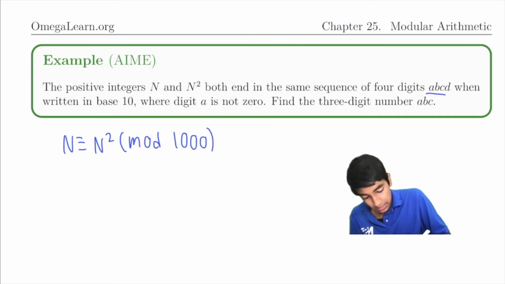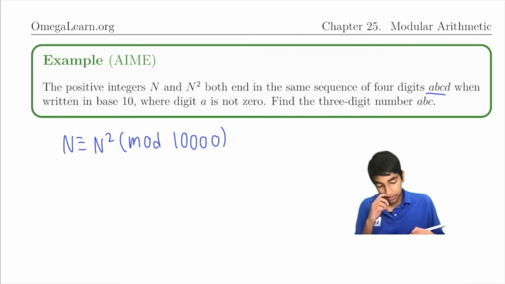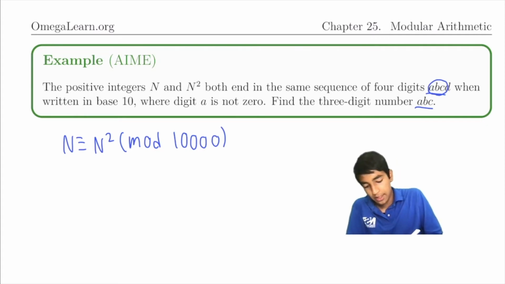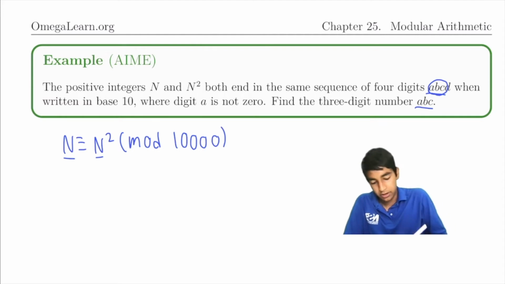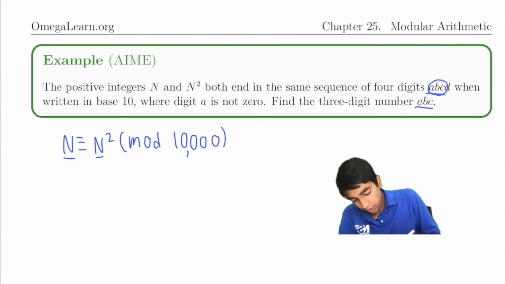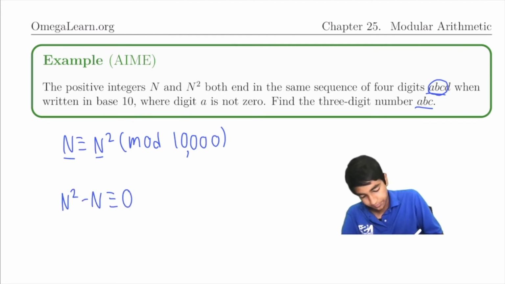So they would actually be equal mod 10,000 because the last 4 digits are all the same. And we're just asked to find the first part of this number. So essentially what we have to do is find what allows them to be equivalent mod 10,000, not 1,000. So we can rewrite this as n squared minus n is 0 mod 10,000.